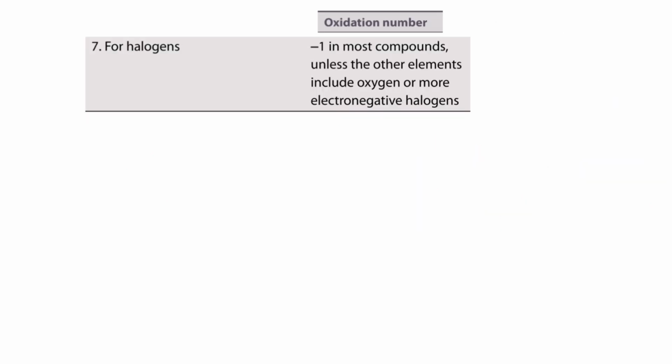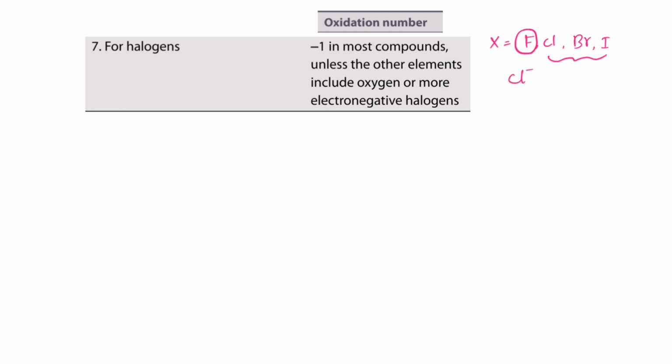Seventh rule: for halogens, the oxidation number is minus 1 in most compounds unless the other element is oxygen or a more electronegative halogen. Generally, the halogens are fluorine, chlorine, bromine, iodine. Fluorine we have already studied, therefore we will not study it now. We will discuss the others.